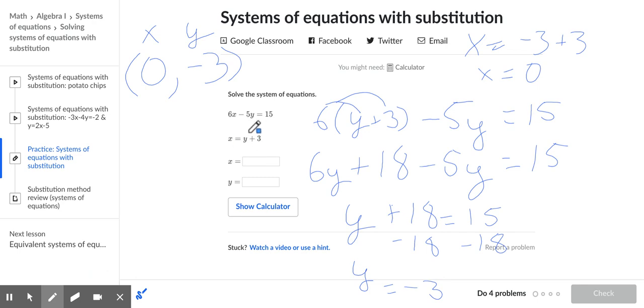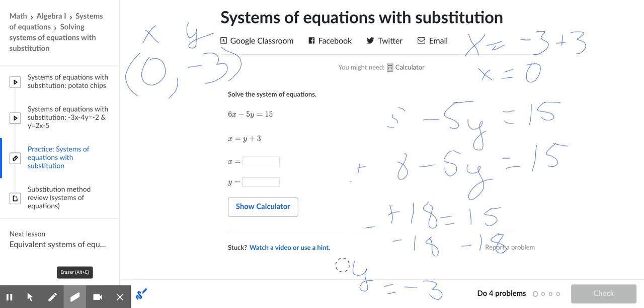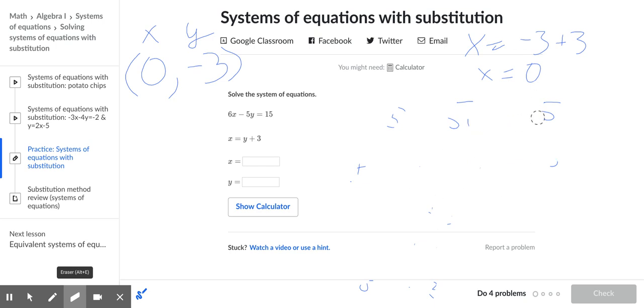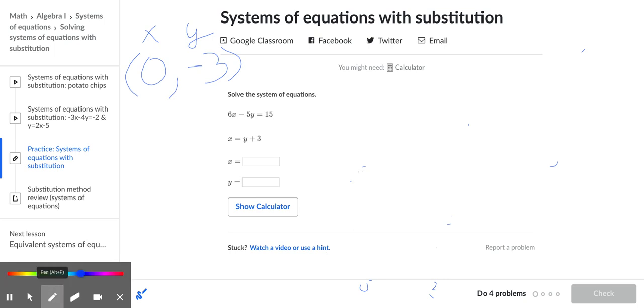So you won't always be given something that is already solved for x. So say they had given it to you as, let me do some erasing so that I can write more things. So say they had given this second equation, say it had been x minus y equals 3.